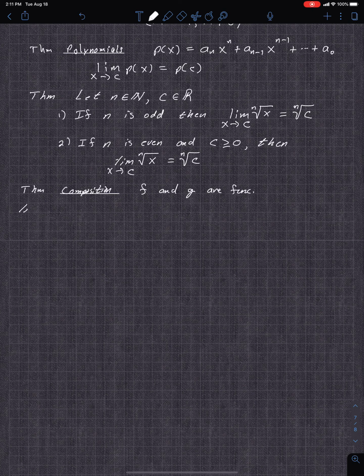And if the limit of f of x as x approaches c, where c is real, I'm leaving off some of the details again, equals L, where L is real as well, and the limit of g of x as x approaches L is equal to g of L, then we get that the limit of g of f of x as x approaches c is equal to g of L. So you're substituting into the function basically.